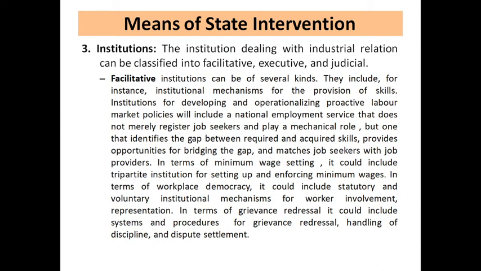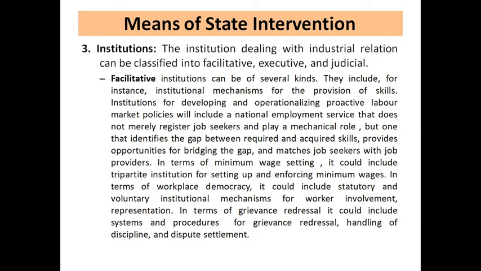Then institutions for developing and operationalizing proactive labor market policies will include a national employment service that does not merely register job seekers and play a mechanical role, but one that identifies the gap between required and acquired skills, provides opportunities for bridging the gap, and matches job seekers with job providers.